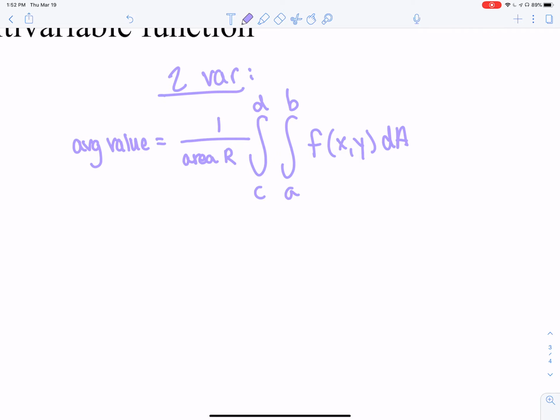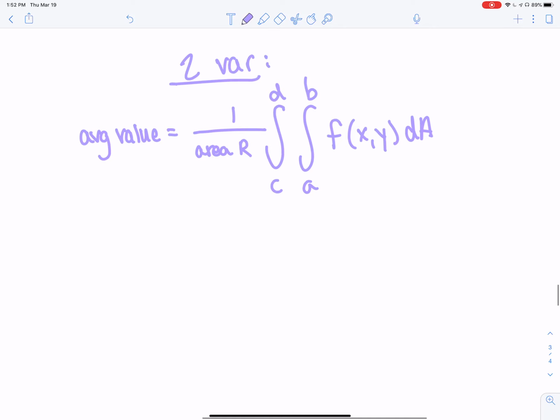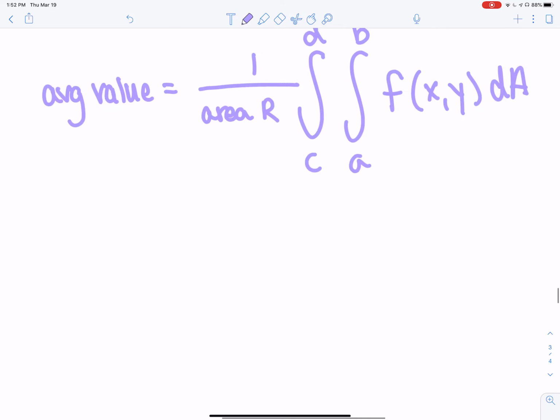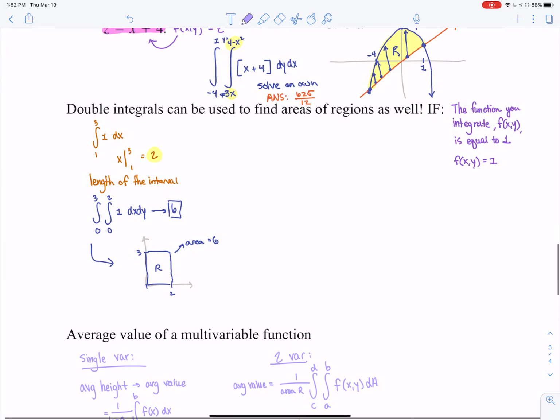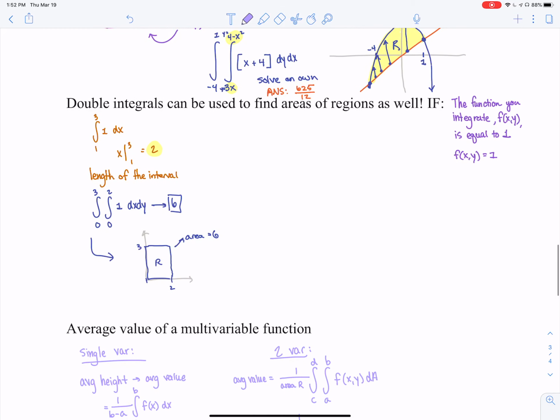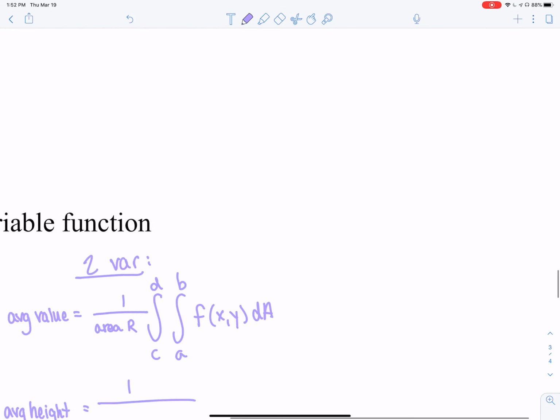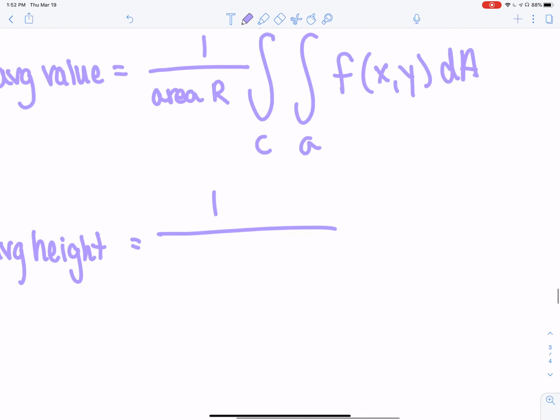So the average value of a 2-variable function is equal to 1 over the area of the region of integration times the double integral. Now, another way to write this is, right, so the average value, this could be the average height on the z-axis, the z height is equal to, if we pull out this that we just learned, the double integrals can be used to find the areas of regions if your function is equal to 1. So in this case, we could set this up as 1 over the double integral of 1, right?